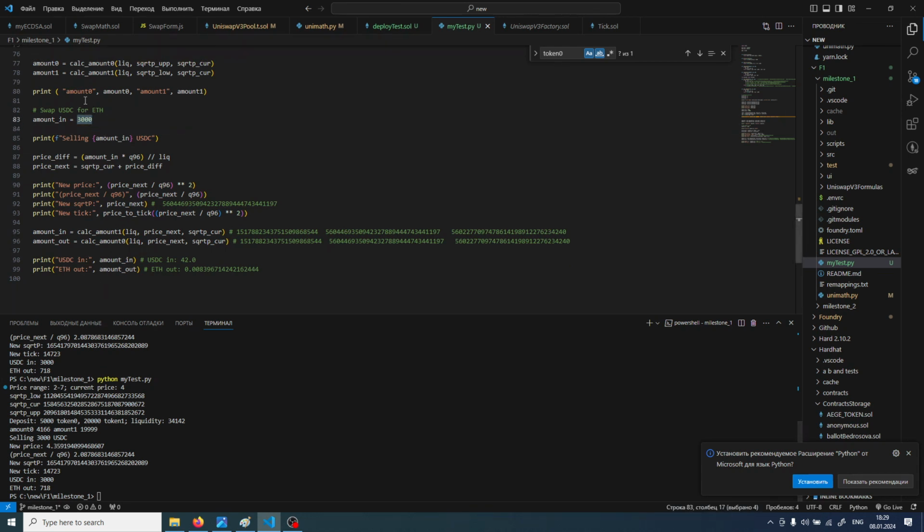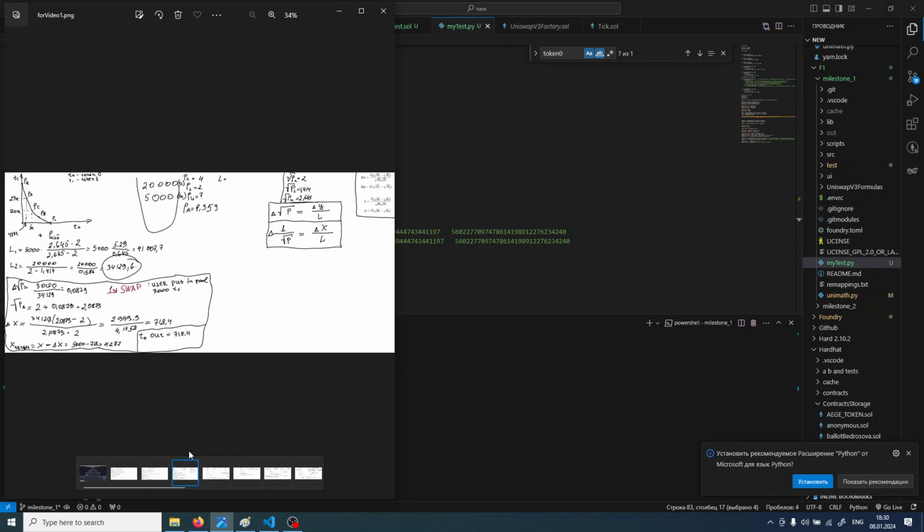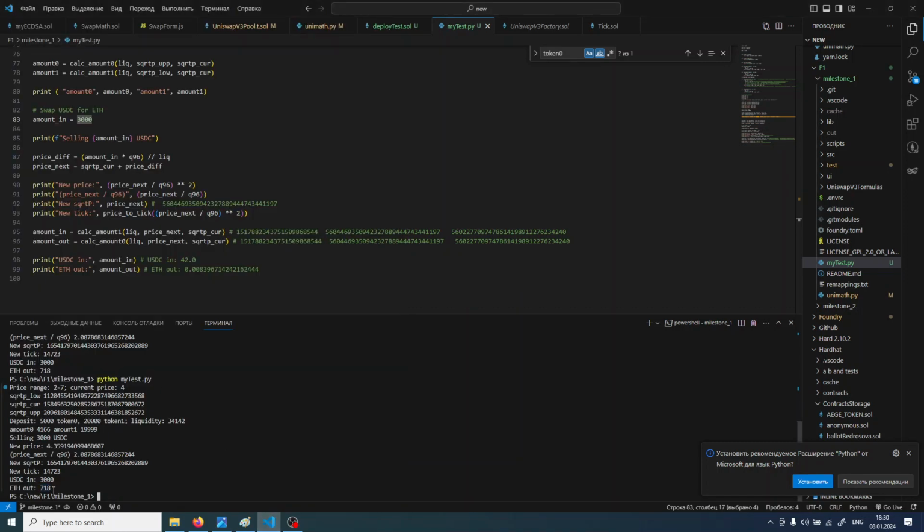In our case we swap 3000, and we can see that we must send the user 718 of token, and it was the first swap. It works correctly.